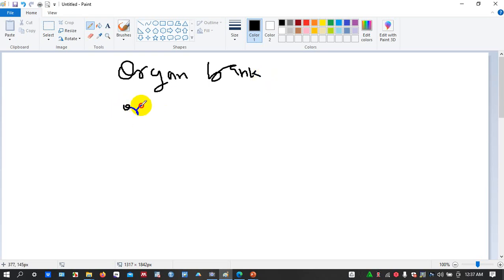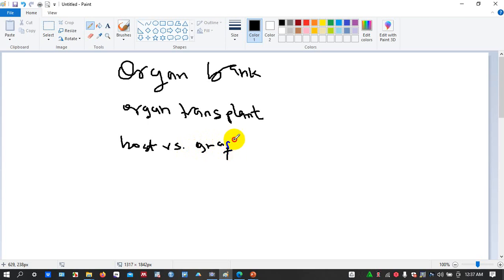Organ transplants. But with organ transplant, we have realized that if the genetic makeup of the donor and the receiver are not equal or are not similar, then there will be what? Host versus what? Versus graft rejection. Host versus graft rejection.